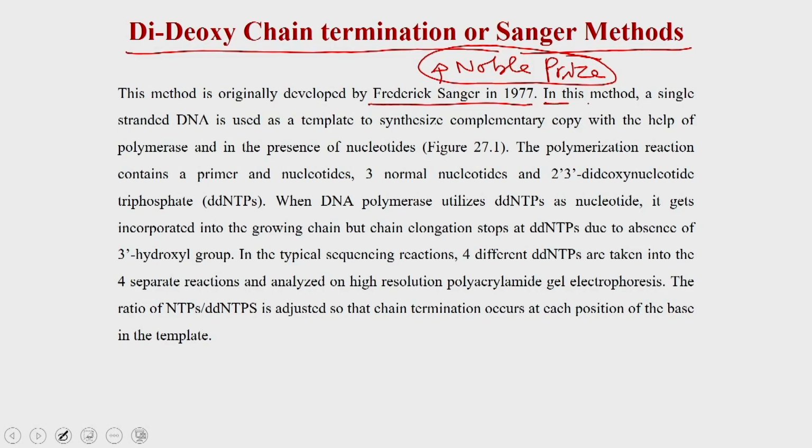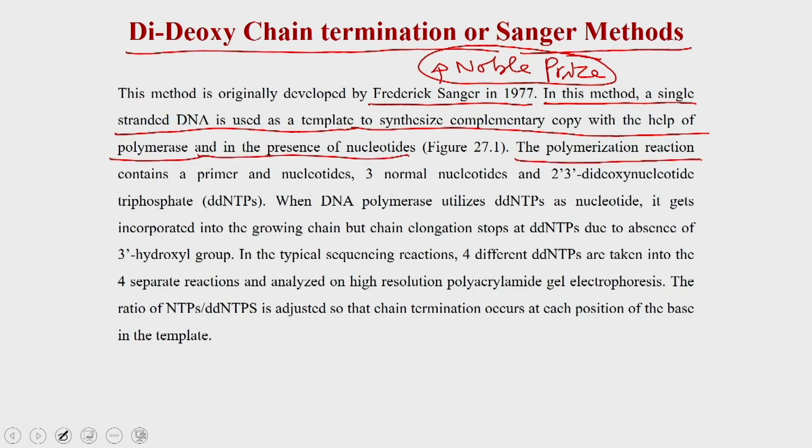In this method we generate a single stranded DNA as a template. We use the single stranded DNA as a template to synthesize the complementary copy with the help of a polymerase, which means typically we are just doing PCR in the presence of nucleotides.